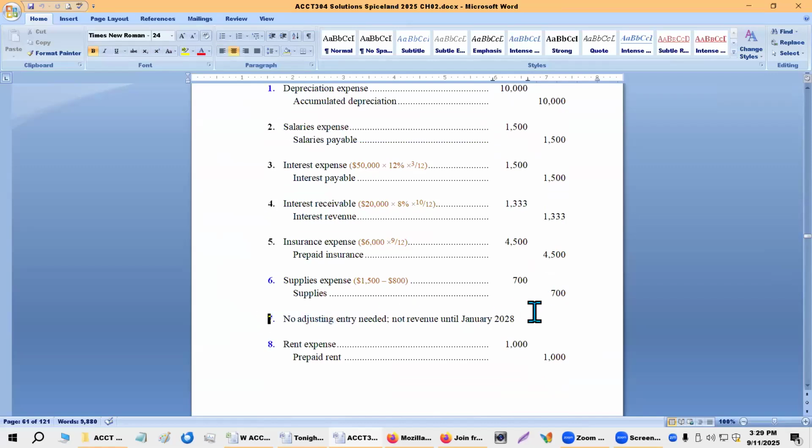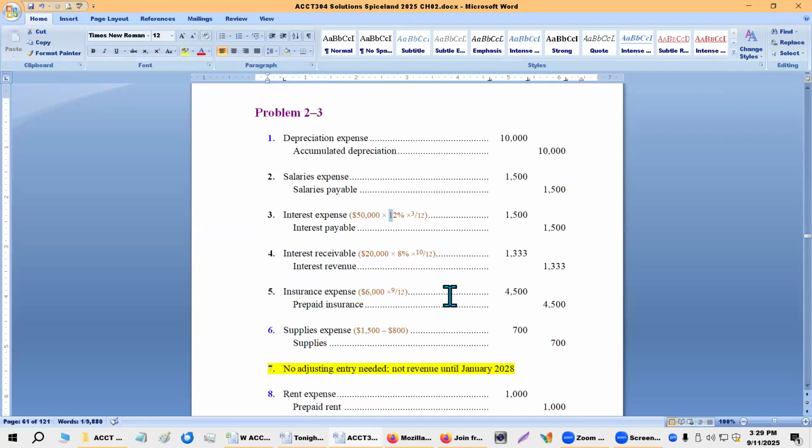There it is, no entry. Yay. I mean, not yay, there's no entry, but you know, I think the rest of these are fine.